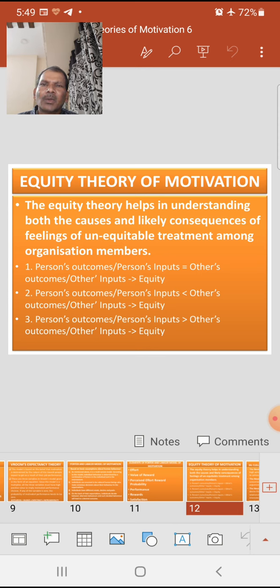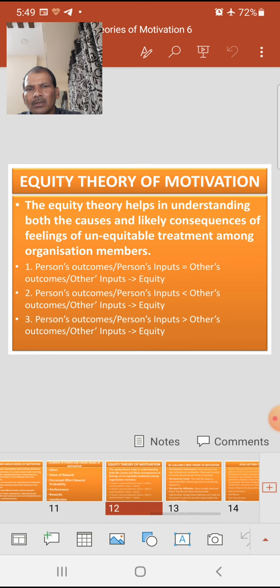Regardless of these problems, the equity theory continues to offer some important insight into employee motivation, and managers find it very useful in managing and motivating through equitable rewards. And another is McClelland's needs theory we are going to discuss.